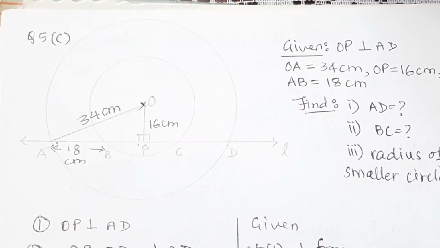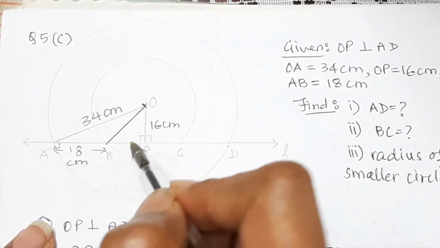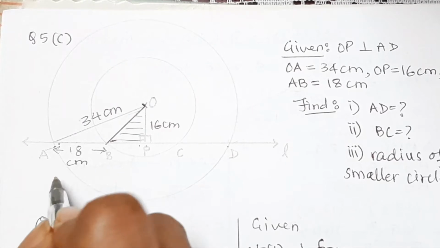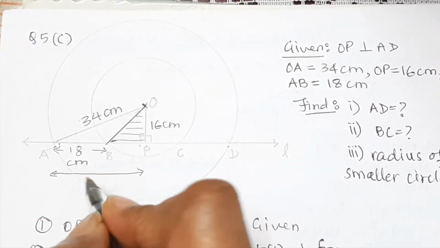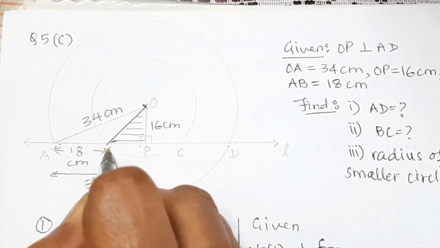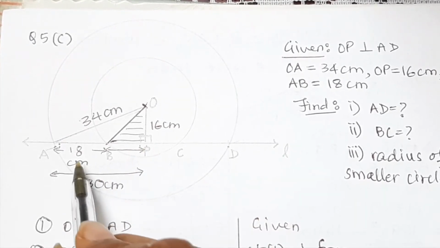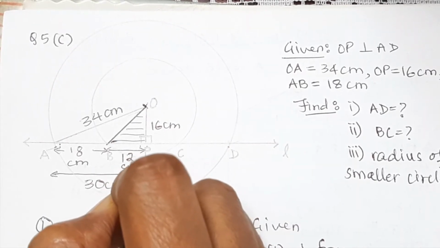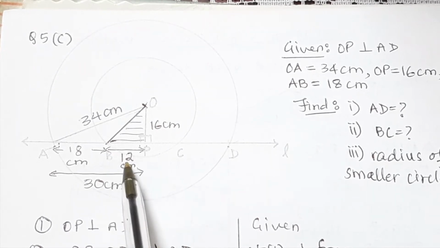So let us look at our diagram. We want BC, so we need to use triangle BPO. From here to here, this is AP, and AP came out to be 30 centimeter. So your BP will be from here to here. This is going to be 30 minus 18, and that will be 12 centimeter. So in this triangle, you can find BP is 12.